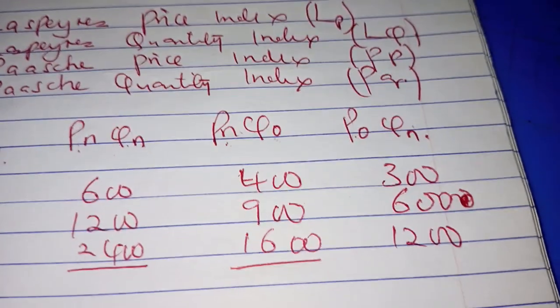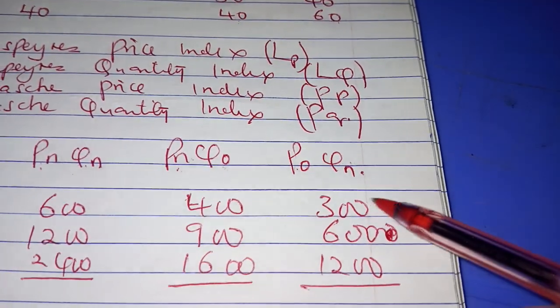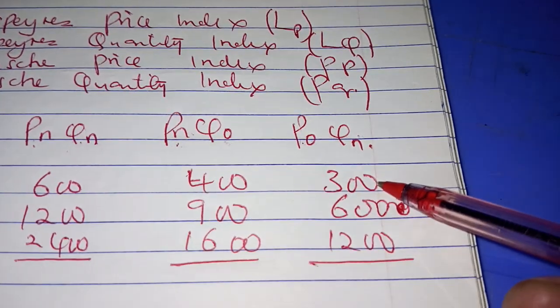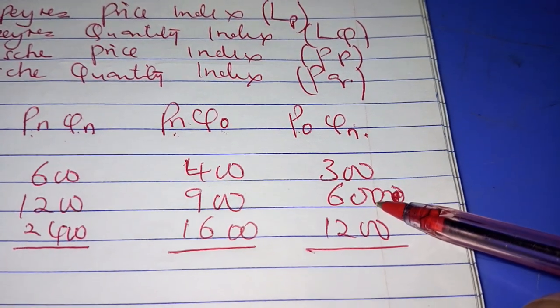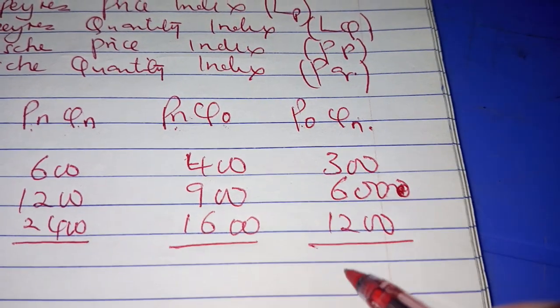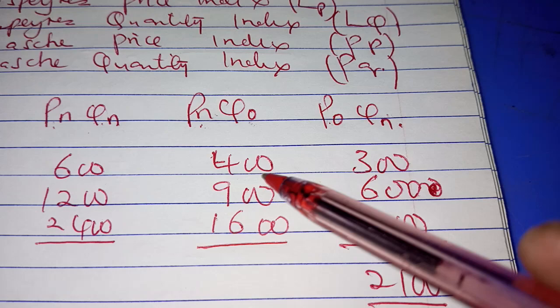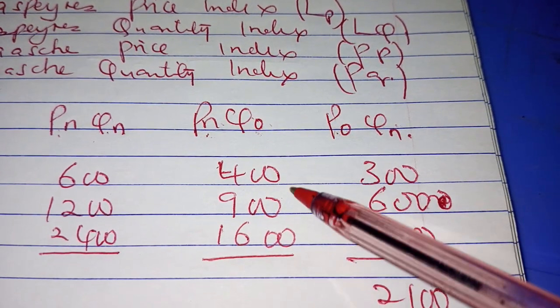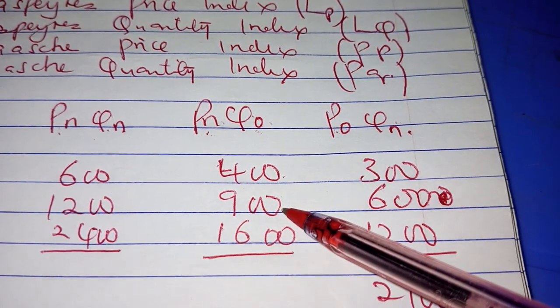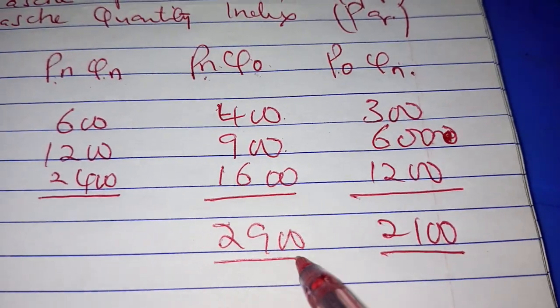Okay, now we can pick the totals. We have 300 plus 600, that is 900. Then we add the 1200, that becomes 2100. Once again, the total for the PNQO is 4 plus 9 is 13, then plus 16, we get 2900.